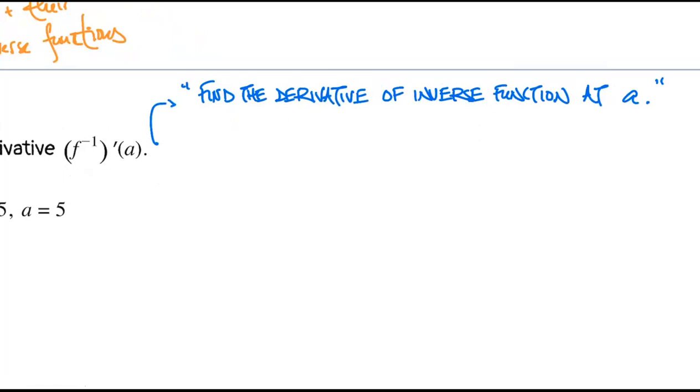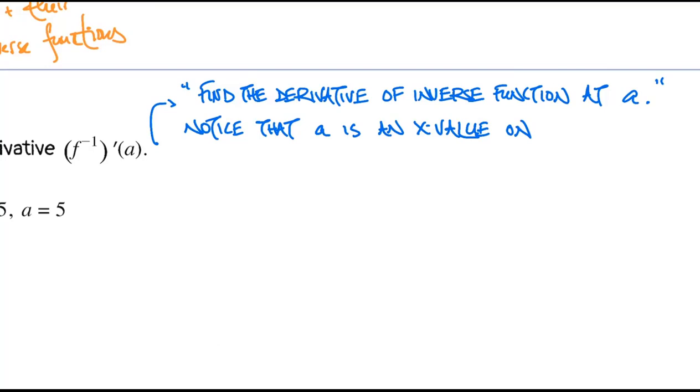I want us to notice that a is an x value on the inverse function.